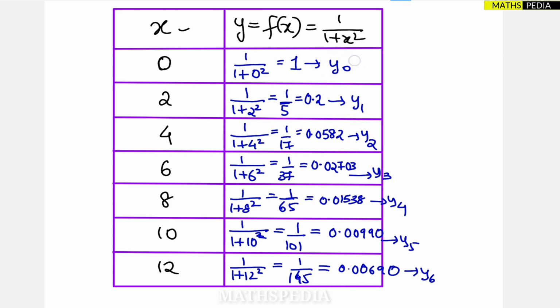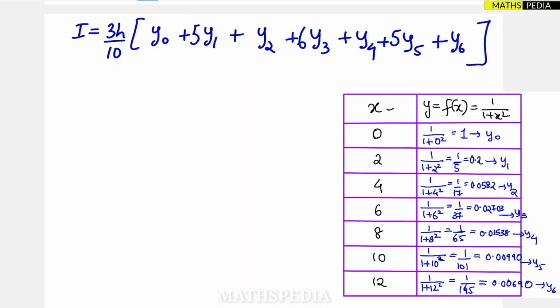This is very important, which is the first value you have seen in the question also. These values you have to substitute in the formula, right? So y0, y1, y2, y3, y4, y5, y6 we have got. So the last value is y6. Till y6 I have to consider, y7 I cannot consider because it is not there. It is basically 0 here. Okay, 1, 5, 1, 6, 1, 4, 1, 6.